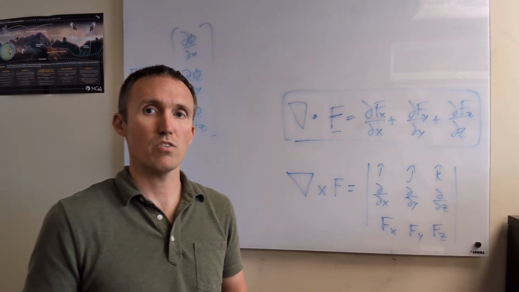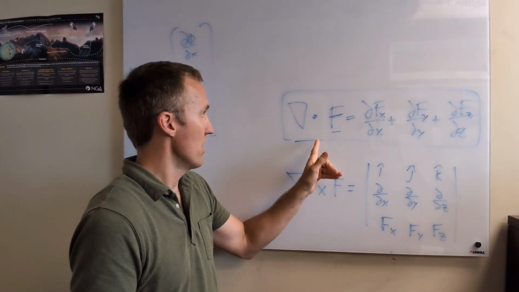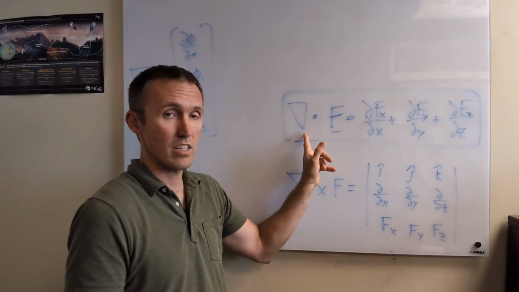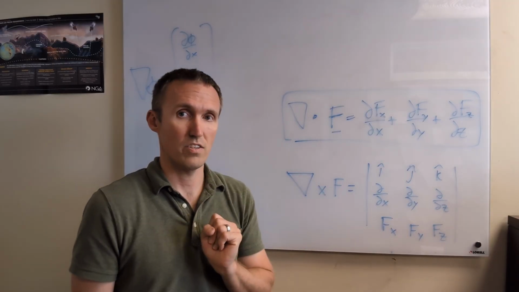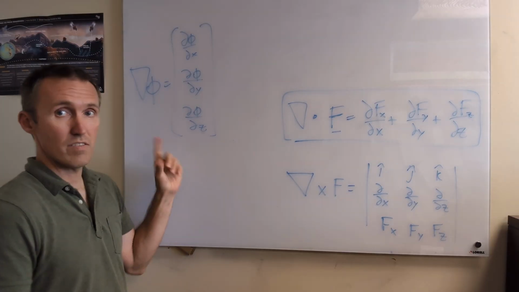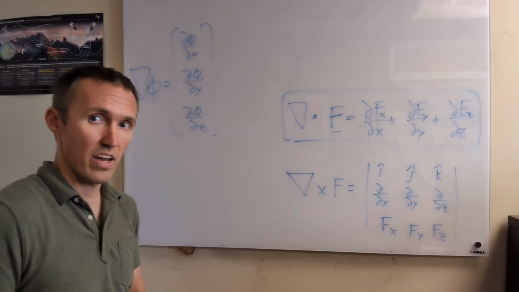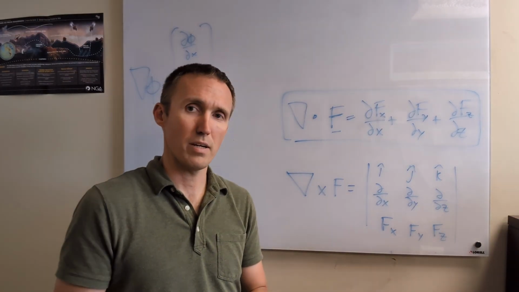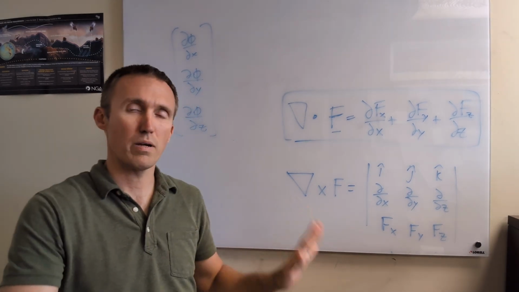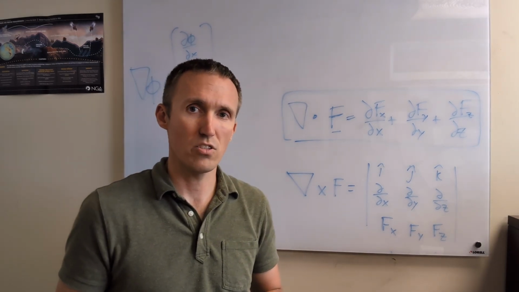So it's a vector field around another vector field. The divergence is a scalar field based on a vector field. So we take the divergence of a vector field, we get a scalar field. And the gradient, we're going to take the gradient of a scalar field, we'll end up with a vector field. So again, a little bit confusing here probably, but hopefully this will start to make more sense as we dive into the details.